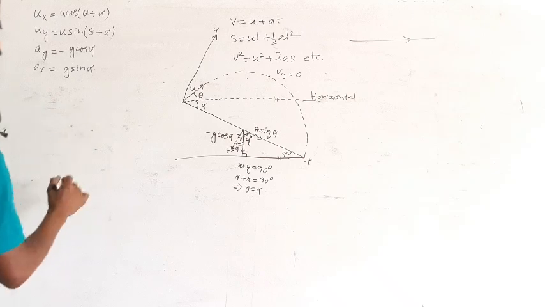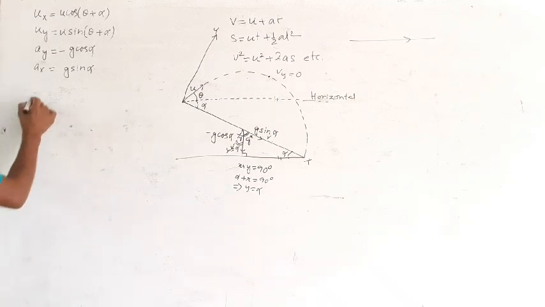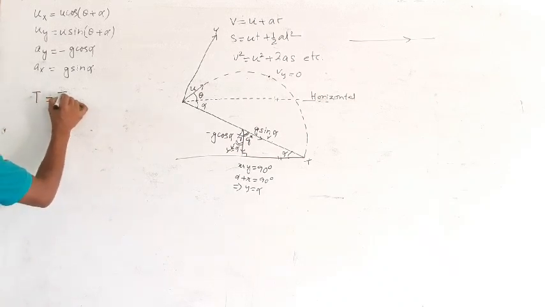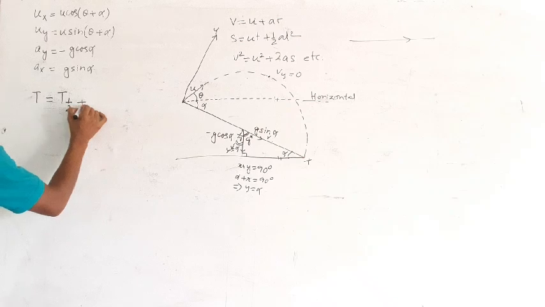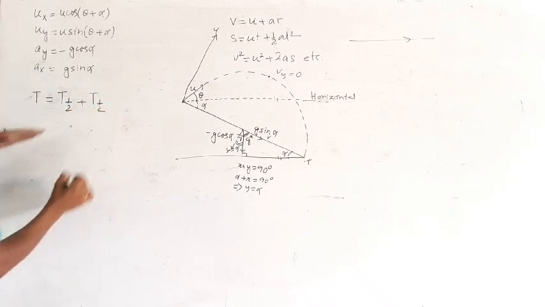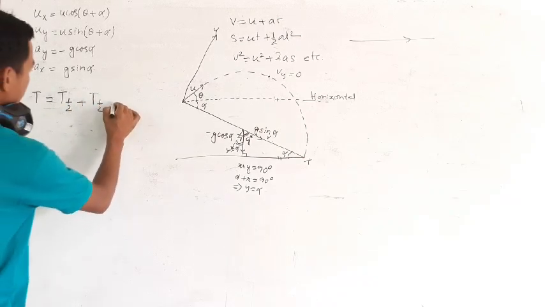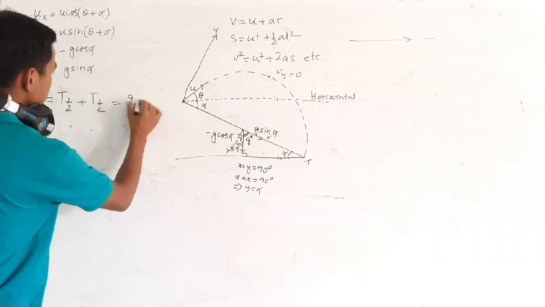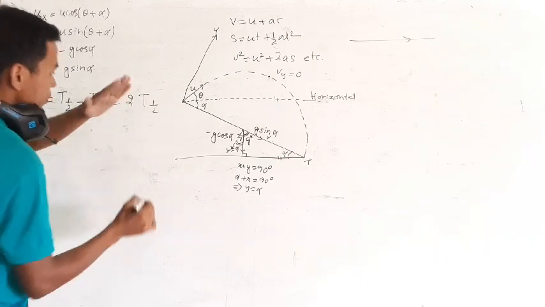Before applying that equation, let us say one thing. Time of flight is equal to time taken to fly upwards plus time taken to fly downwards. These two durations are the same. So time of flight is equal to 2 times t half, maybe up, maybe down.